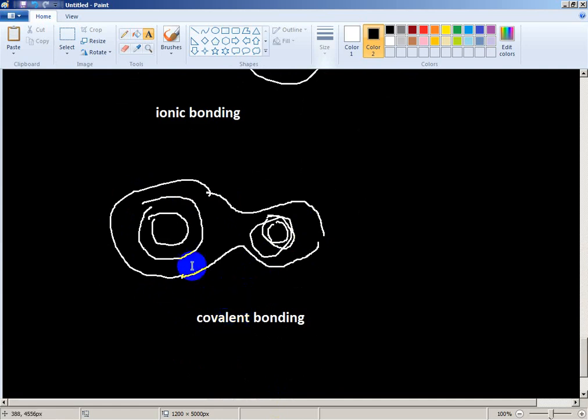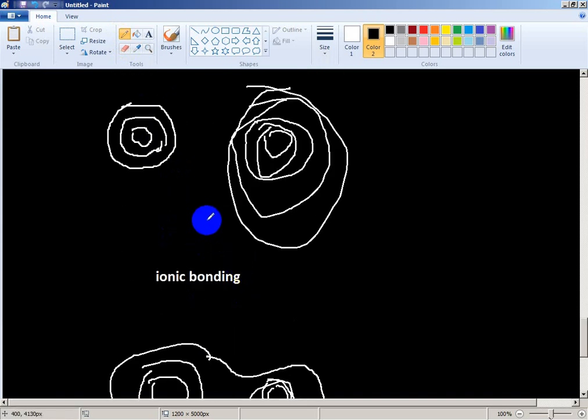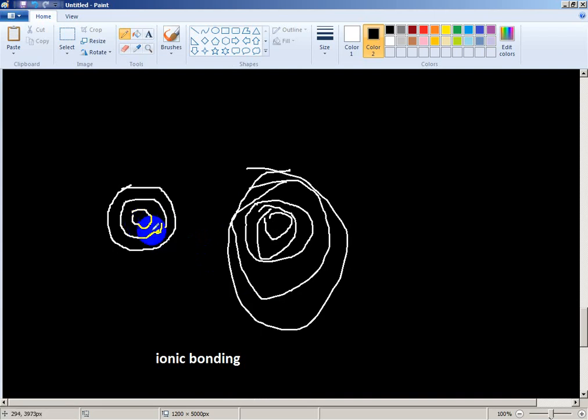For covalent bonding, the bond is formed but the electron density is not separated; it is shifted toward the more electronegative element. In ionic bonding, the electron density map shows cation and anion separate.